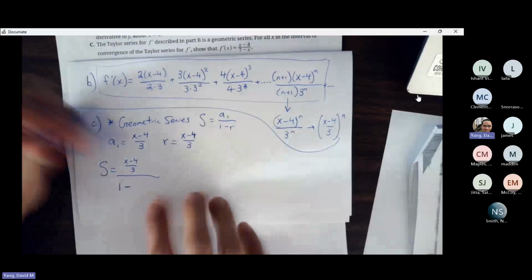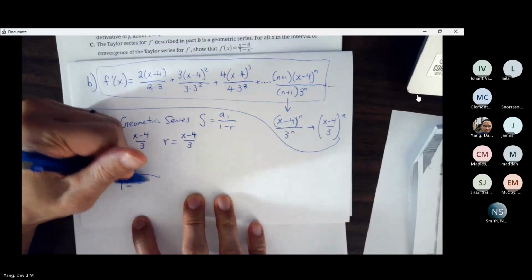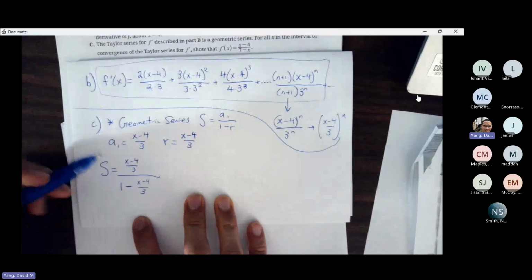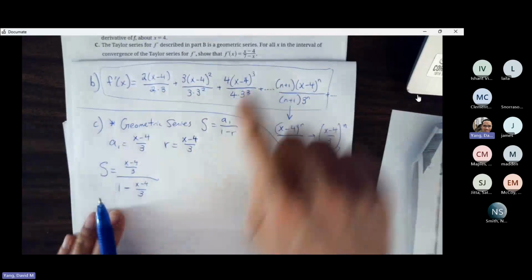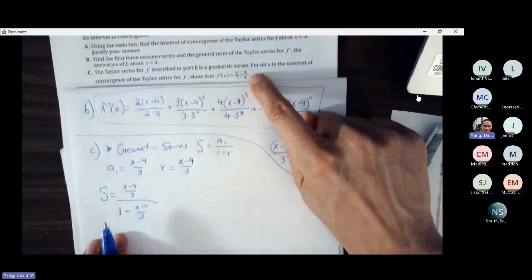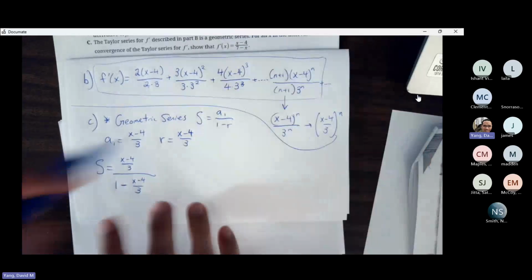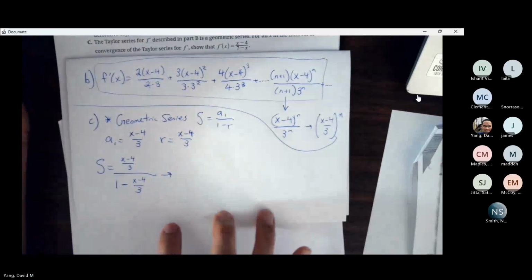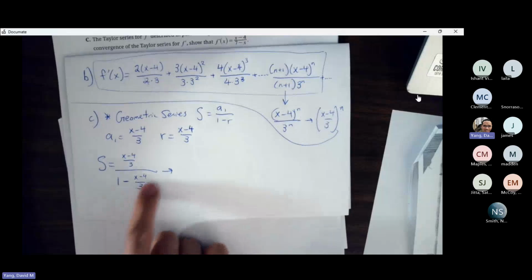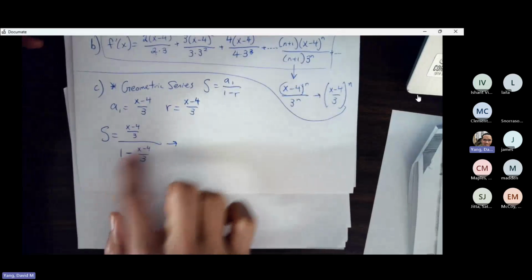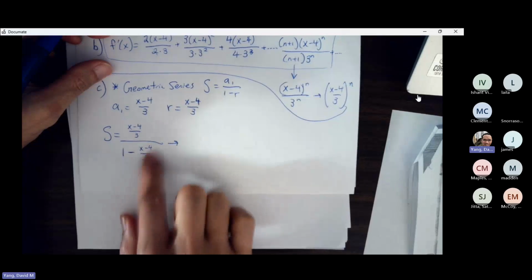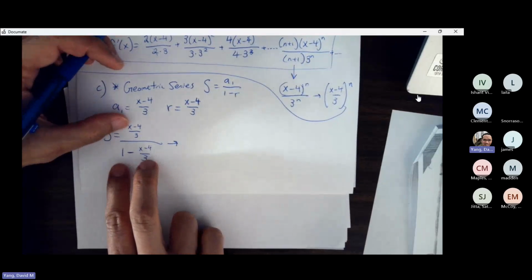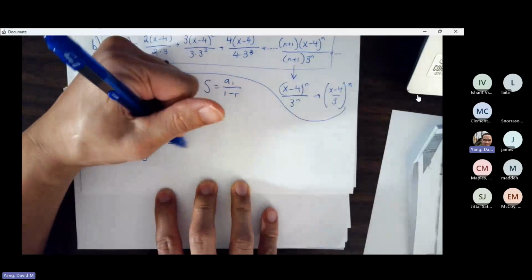Now the hope is that after we clean this up, it'll match what they want us to match with. So let's see if we can get there. Before I multiply and divide by the denominator, I would like to get this down to one fraction so that it's cleaner when I multiply by the reciprocal. Let me work on my common denominator.